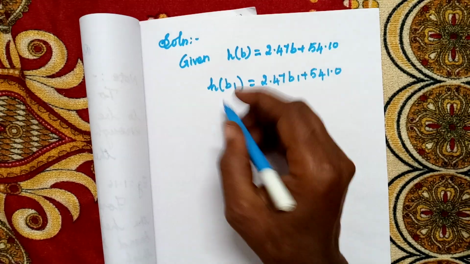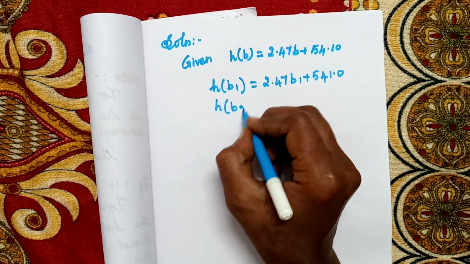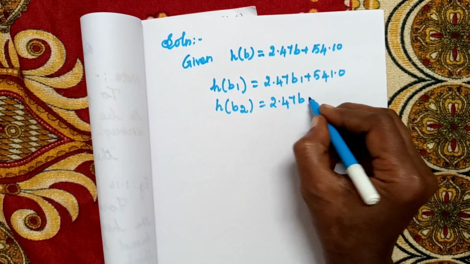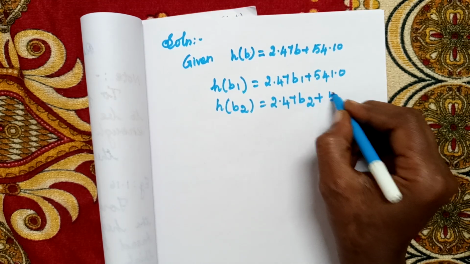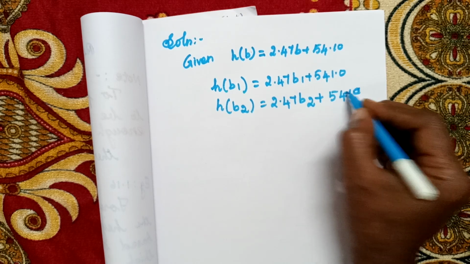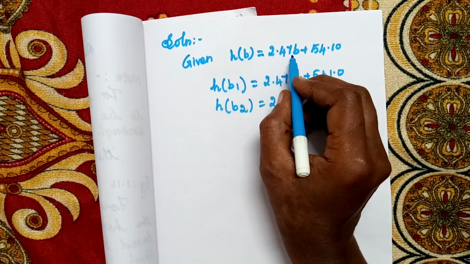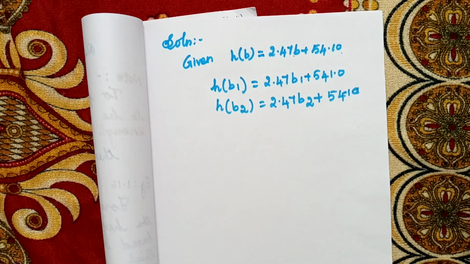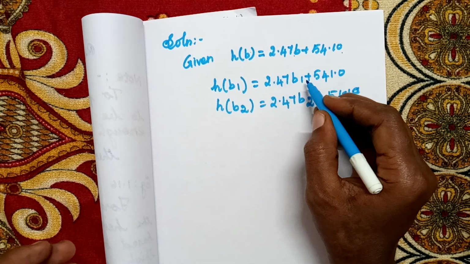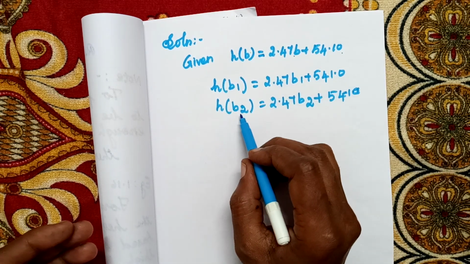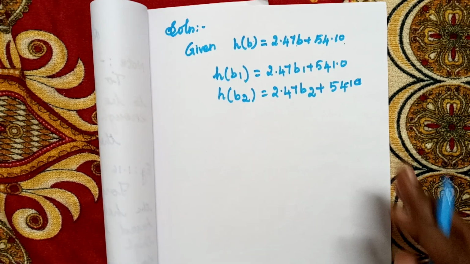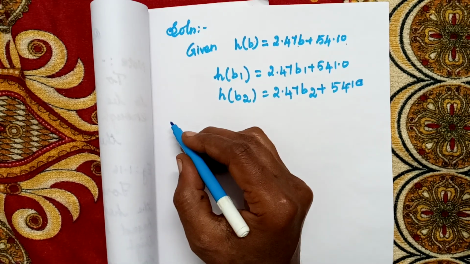Next, h of b2 is equal to 2.47b2 plus 54.10. Here h of b means 2.47b plus 54.10. For h of b1, in place of b we substitute b1. For h of b2, in place of b we substitute b2, to check if h is one-one.